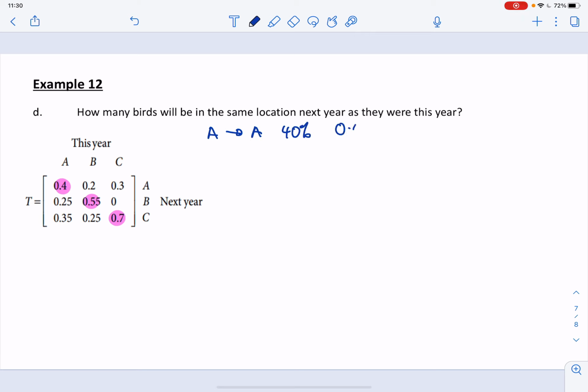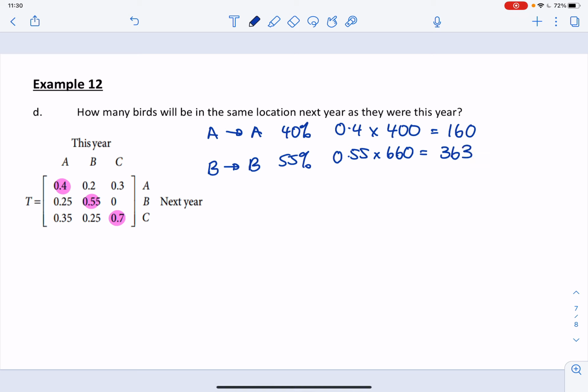So 0.4 by 400 gives me 160. The birds staying in B, from B to B, is 55%. Must be pretty cozy there. So we've got 55% of 660. So 0.55 by 660, and I end up with 363 birds.